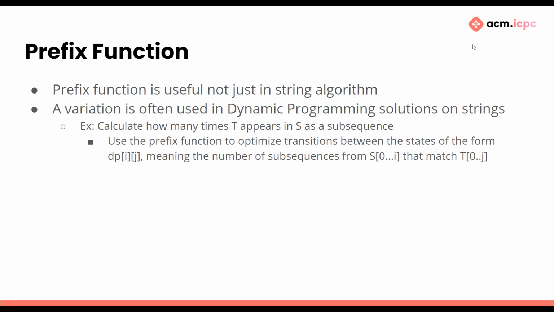What I mean by subsequence, if you're not familiar with the term, is that it doesn't have to be a continuous sequence of letters, but as long as the letters appear in the same order as in t, then it counts as a subsequence. So let's say we have the word cow. Then the word CW is a subsequence because C appears before W in cow.